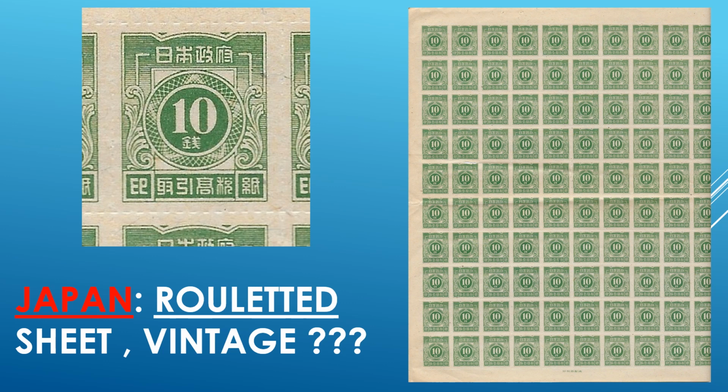Here are some more Japanese revenue stamps. A sheet of the 10, not sure the denomination, Zen or what. This particular sheet seems to be rouletted. The following next revenue stamps are also in sheet format, but all of those similar design are all imperforated, as you will see.